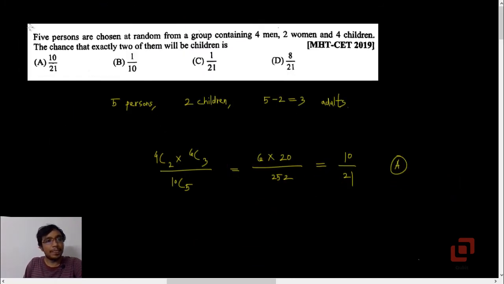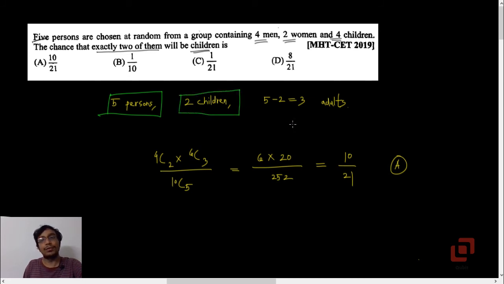Next question. 5 persons are chosen at random from a group containing 4 men, 2 women and 4 children. The chance that exactly 2 of them will be children is. Now first you need to note that 5 persons are being chosen, out of which exactly 2 must be children, so the remaining 3 persons must be adults.